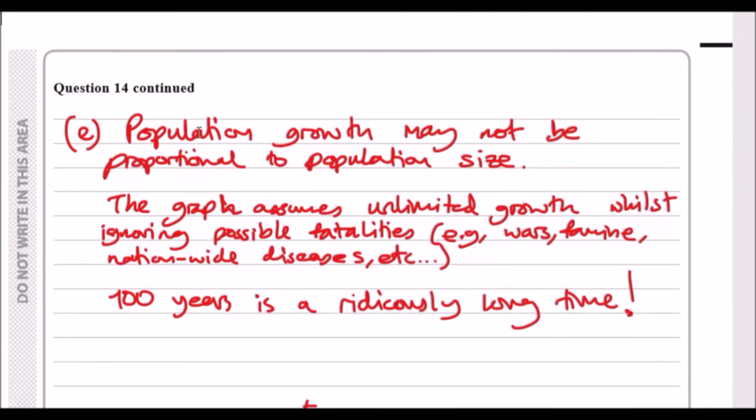I said population growth may not be proportional to population size, so it changes over time. More population may actually reduce the growth, or job opportunities may reduce it, or any economic reason. The graph assumes unlimited growth, whilst ignoring possible fatalities, for example wars, famine, nationwide disease, etc.